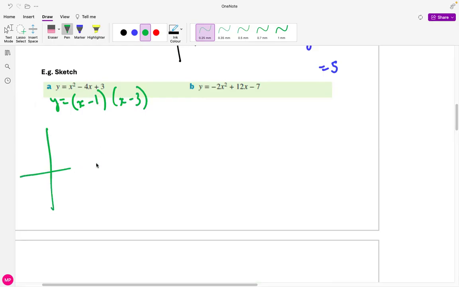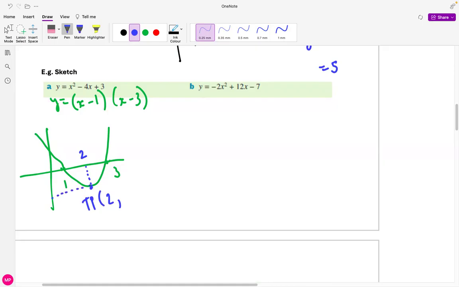So I know that 1 and 3 are the x-intercepts, and I know that my shape will look like this. Okay. Now, if you know the x-intercepts, you can find the turning point here, which is 1 plus 3 divided by 2, which is 2. So you know 2 is in the middle. So the turning point is 2 comma something.